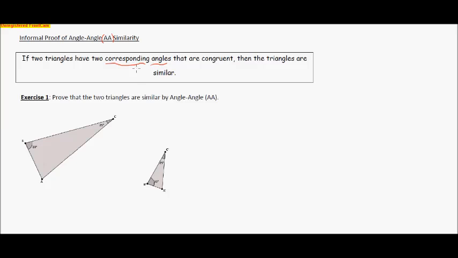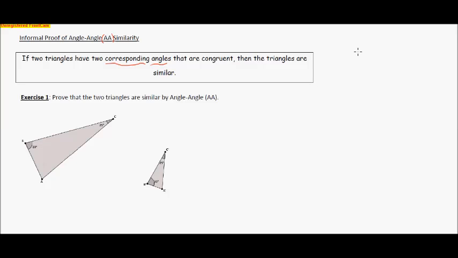What we mean by corresponding angles is that if we take this big triangle right here, and do a dilation to shrink it down like we've talked about before, and then do a transformation, like maybe a rotation or a reflection or a translation, to align the shrunk triangle with this triangle, we could have angles that would be basically on top of each other.